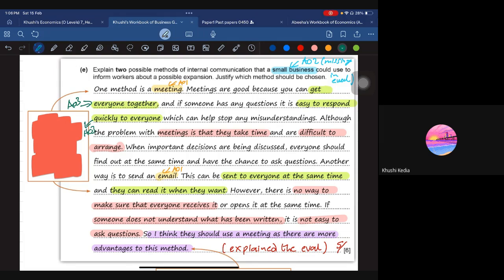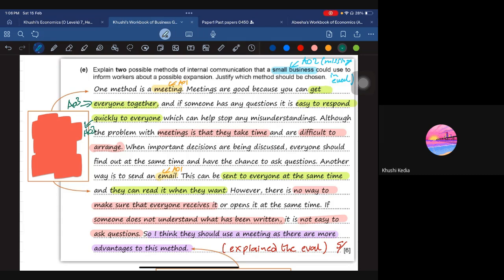I remember I've seen the marking, the examiner comments on this particular question, and I remember he gave him 4 out of 6. Let me just find that so that I can read it to you as well.